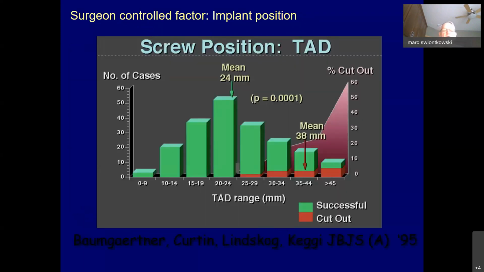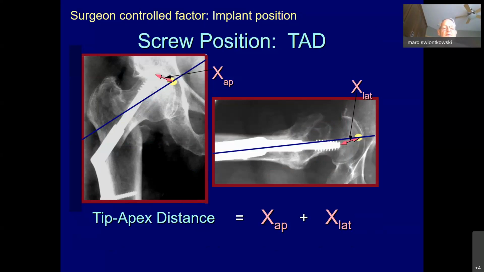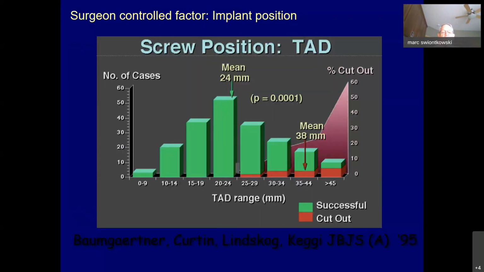So what you do is you add the distance between the tip of the implant and the center of the femoral head on both planes, and the total of them gets you the tip apex distance. And here's a chart from Mike Baumgartner's seminal publication in 1995 in JBJS, showing that if you're placing the screw with a tip apex distance of greater than 24 millimeters, you have a very high risk of cutout, which is listed in the red.